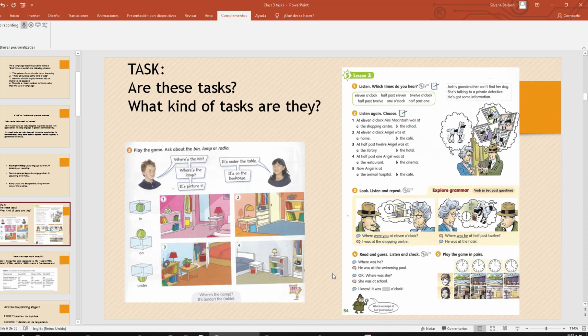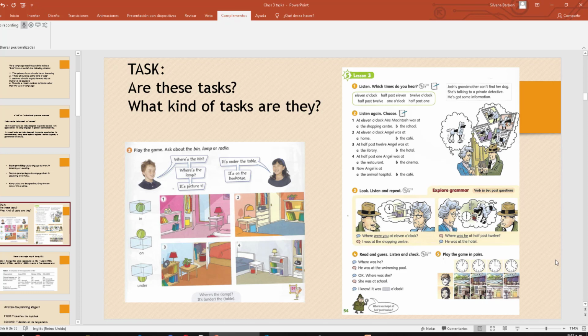Let us now turn to the other page and let's analyze lesson 3. The lesson starts with a listen activity, that is, listen. Which times do you hear? So students have to listen to an audio, they have to listen to a tape and tick the times that they can hear.